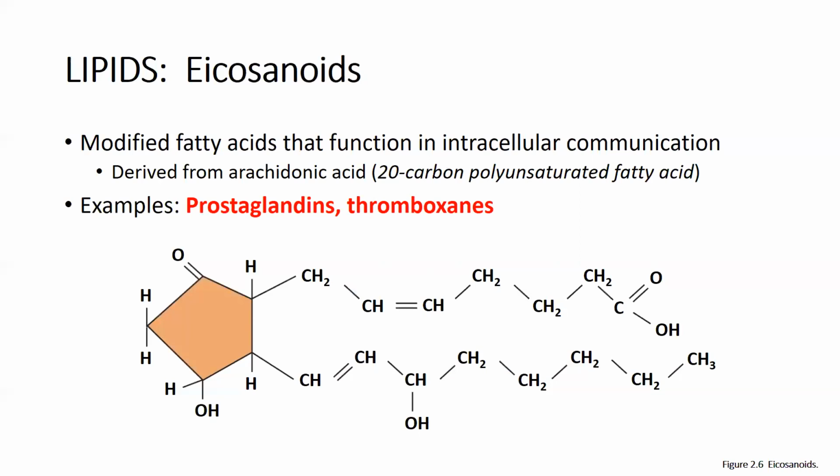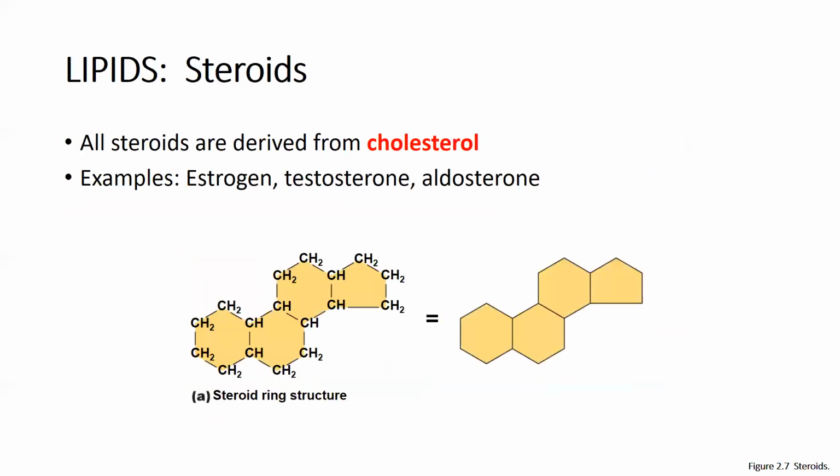Examples are prostaglandins, which help communicate cell signals, thromboxanes, which help with blood clotting, and other types of signaling molecules. They're derived from arachidonic acid. And what we have here is this ring, and then these two extended tails coming off here. Okay, not a whole lot about them. And again, these are probably some of the unique examples we'll find in the body, which are cell signaling molecules.